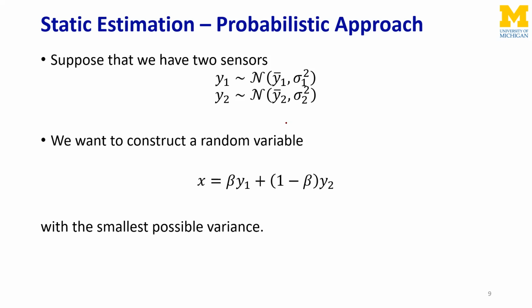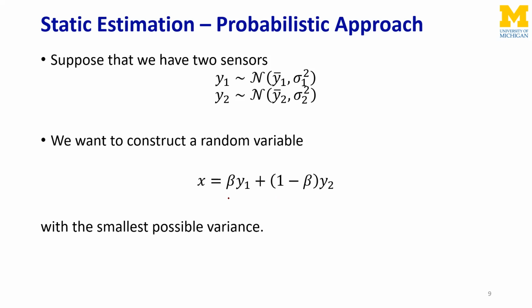Now, what we want to do is construct a random variable given here. It's a linear combination of y1 and y2. It's actually a convex sum of y1 and y2. A convex sum is just a sum of two quantities, or n quantities, where the weights add up to 1 and all of the weights are greater than 0.